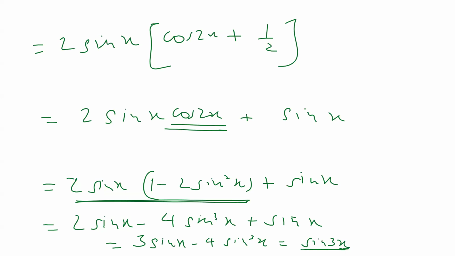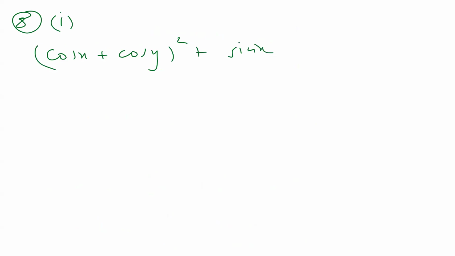Let us solve question number 8, sub question 1. If I solve question number 8, sub question 1, sub question 2 will be self-study. So cos x plus cos y the whole square plus sin x plus sin y the whole square equal to 4 cos square x minus y by 2.